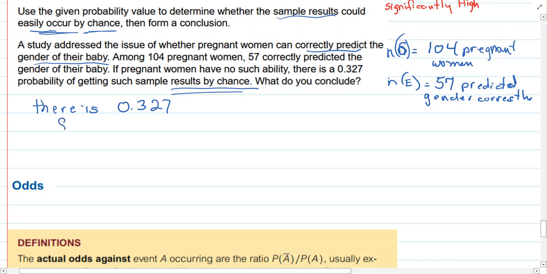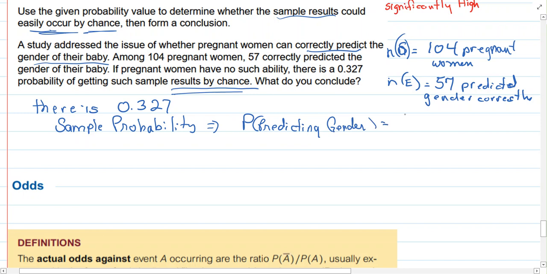So our sample probability is as follows. P of predicting gender is 57 over the 104. That's our sample. We're going to do the math.